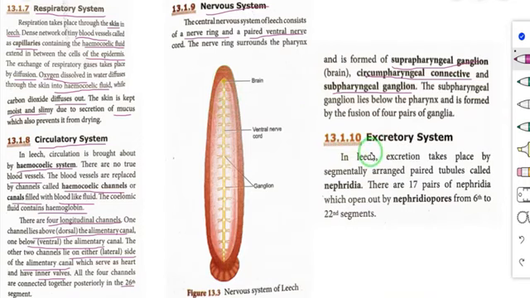The next one is the excretory system. In leech, excretion takes place by segmentally arranged paired tubules called nephridia.